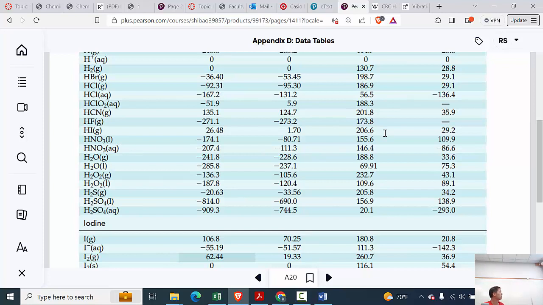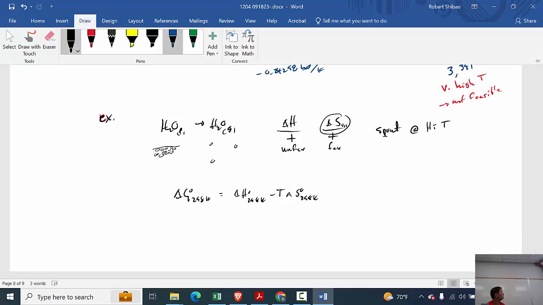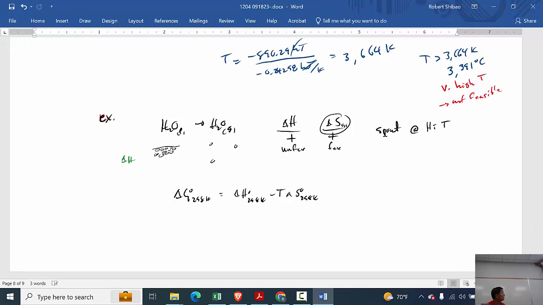I just didn't have H2O gas. So H2O liquid is minus 285.8 for the delta H. So let me write that here. Delta H is in kilojoules per mole.